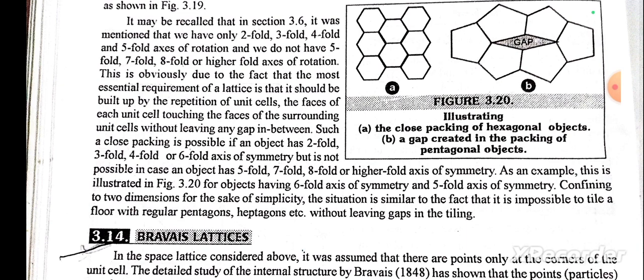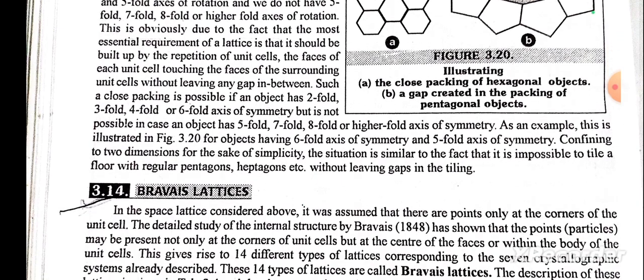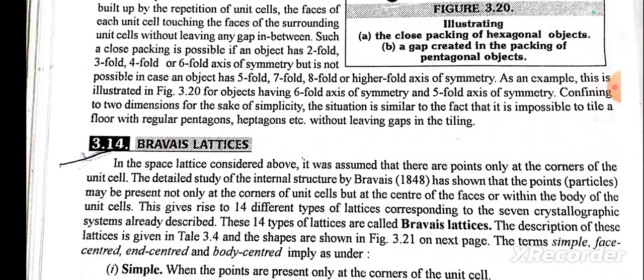We do not have five-fold, seven-fold, eight-fold or higher-fold axes of rotation. This is observed due to the fact that the most essential requirement of the lattice is that it should be built up by the repetition of the unit, the faces of the unit cell touching the faces of the surrounding unit cells without leaving any gap between them.